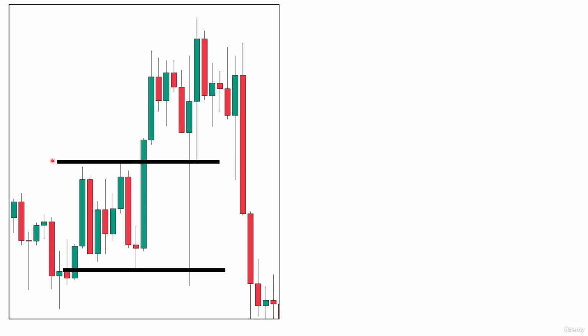For example, we have a range like this. You can see a range when the market is running up and down in a very narrow place like this. You can see the upper and lower of the range. My question is whether the two Maru candles here are a valid breakout of the range.